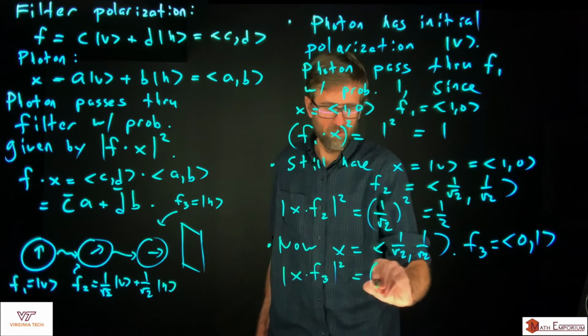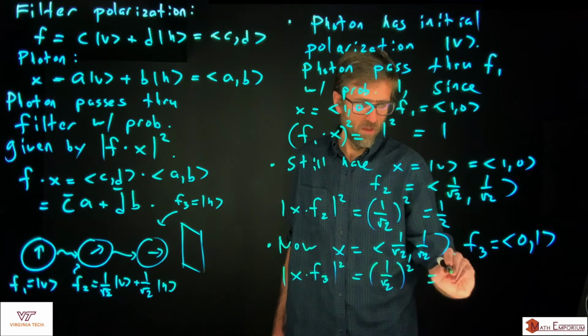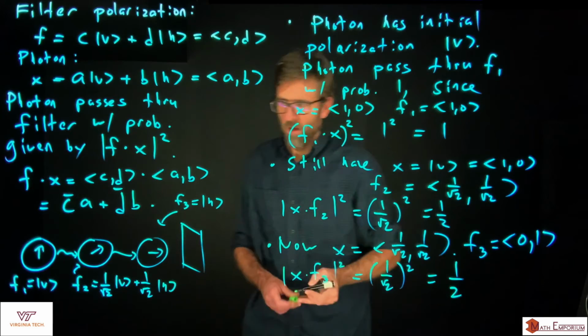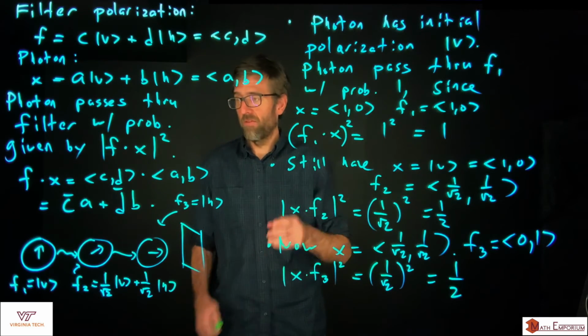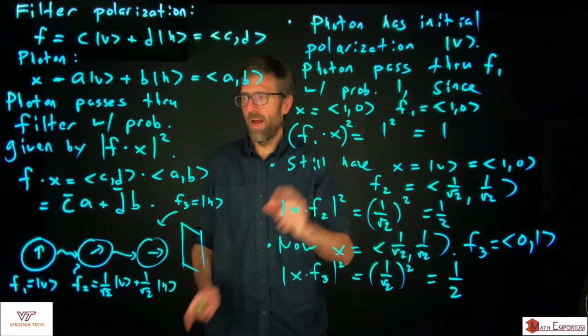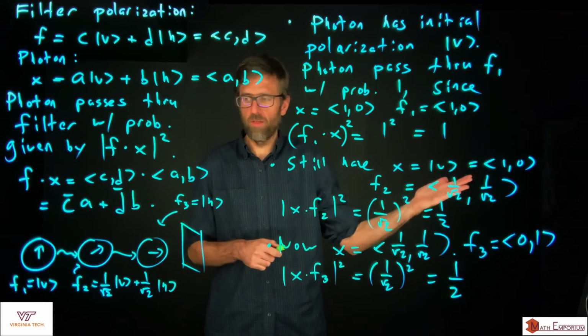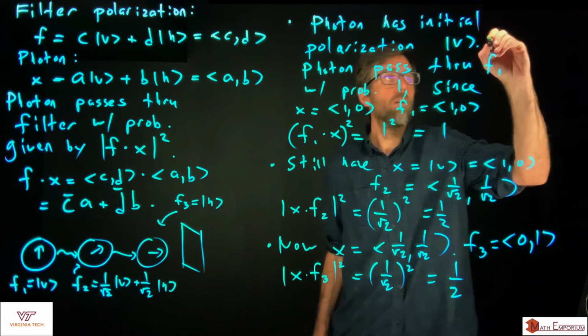That dot product is still 1 over root 2, so 1 over root 2 squared, and that'll be 1/2. And so these are independent events. So a photon that is already polarized to get through filter F1 has a 1/4 probability that it makes it to the screen.